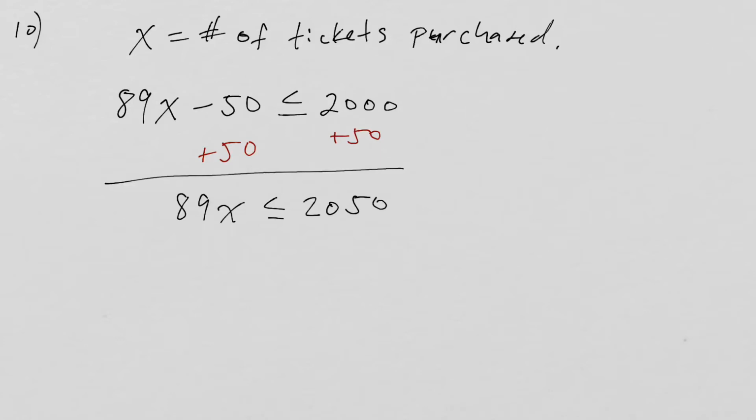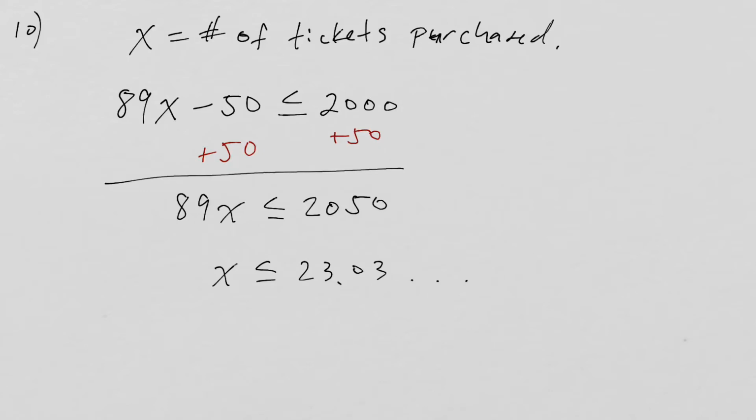Now I'm going to divide, I'll use a calculator, and I'm going to go 2050 divided by 89 is equal to, x has got to be, oops, where am I? Let me erase that. X is less than or equal to 23.03 whatever.